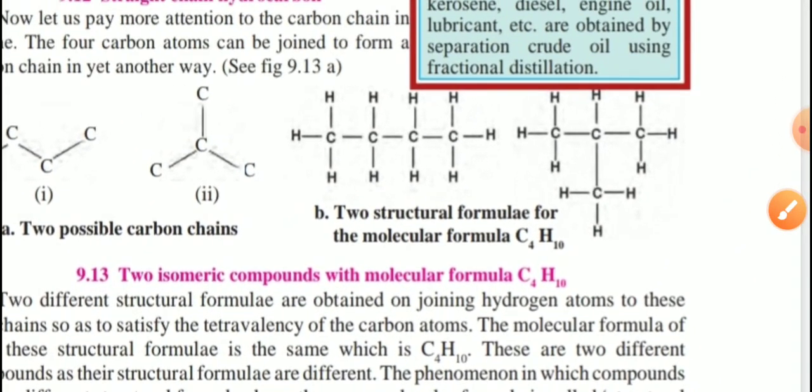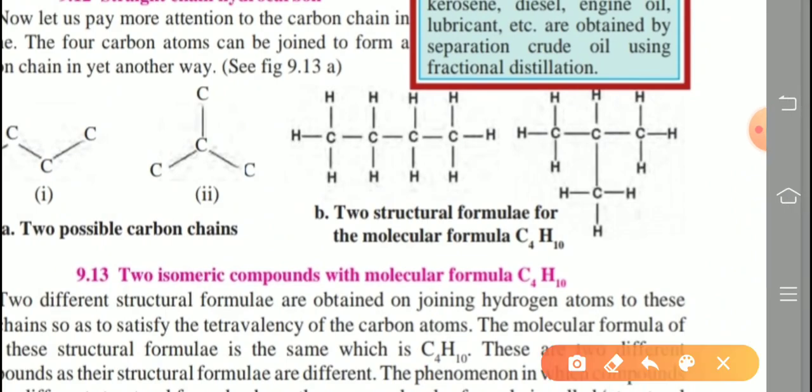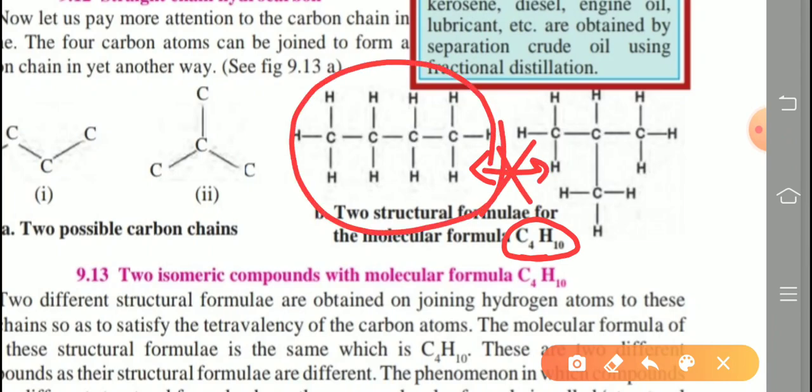Next, here what we learn: molecular formula is the same but structural formulas are not the same. 2 different structural formulae we are drawing in case of butane. Molecular formula is the same, so these structures are called isomers of the compounds.